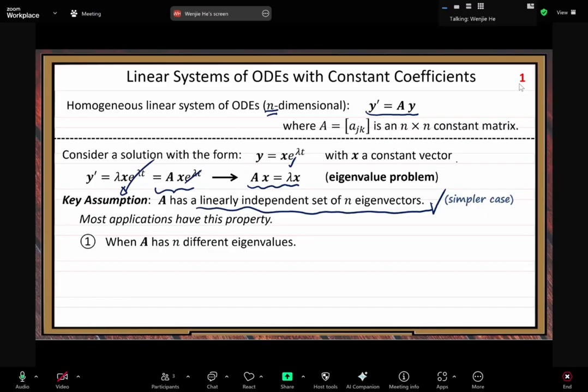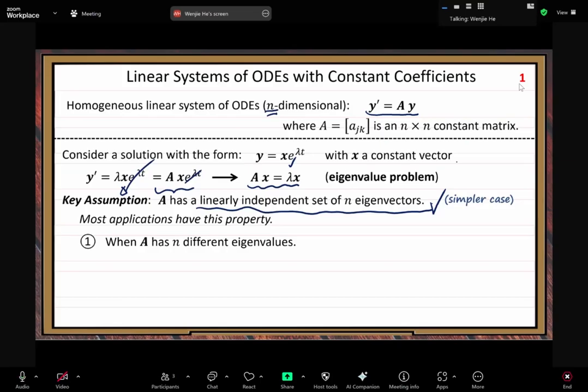The first special case is when A has n different eigenvalues. When you have a matrix, you can calculate its eigenvalues. This question relates to one of our homework concept questions.